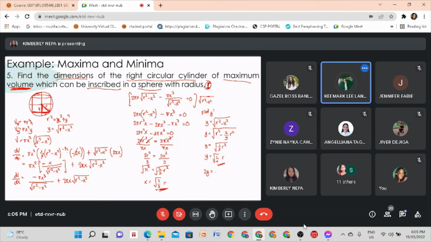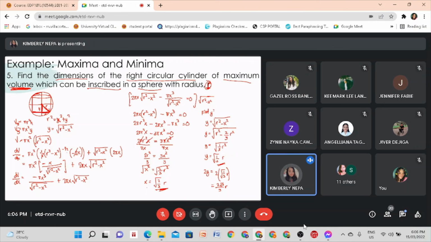Multiplied out, that is 2 square root of 3 over 3 r. Okay? That is our dimension in y.